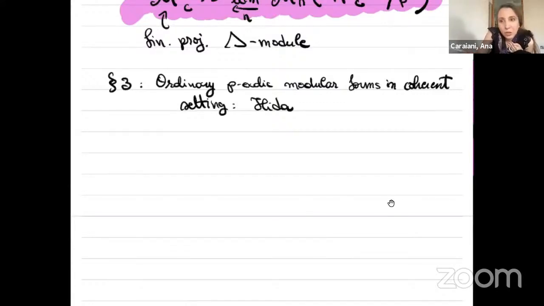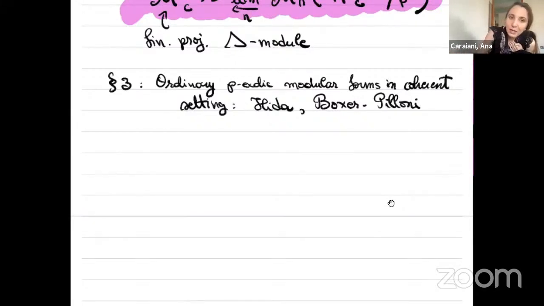The original construction of one of them is due to Hida. And then the other one you can obtain as its dual, but more naturally, it's constructed in a 2020 paper of Boxer and Pilloni, Higher Hida and Coleman theories for the modular curve.